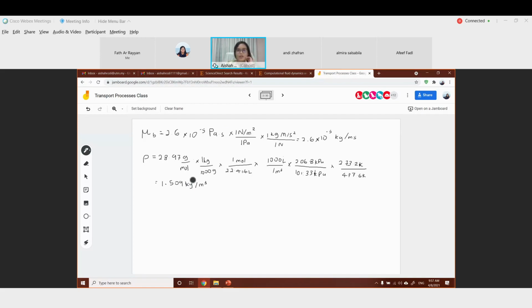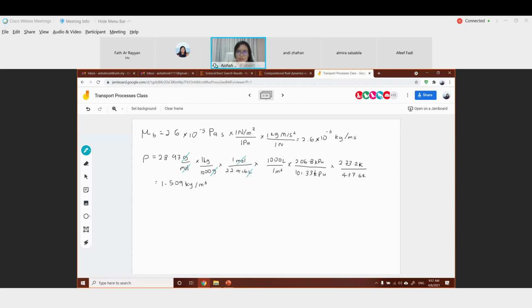So you might think about, why do we need the density? Can anyone tell me why we are calculating the density? What do we need the density for? Yes, correct. Someone answered privately.